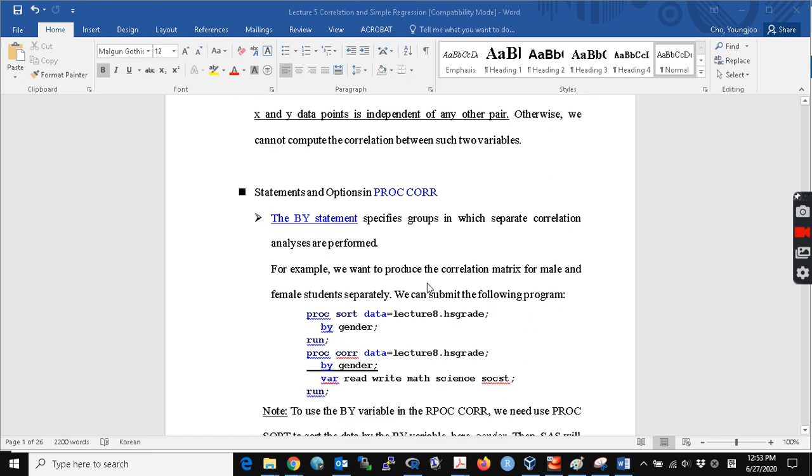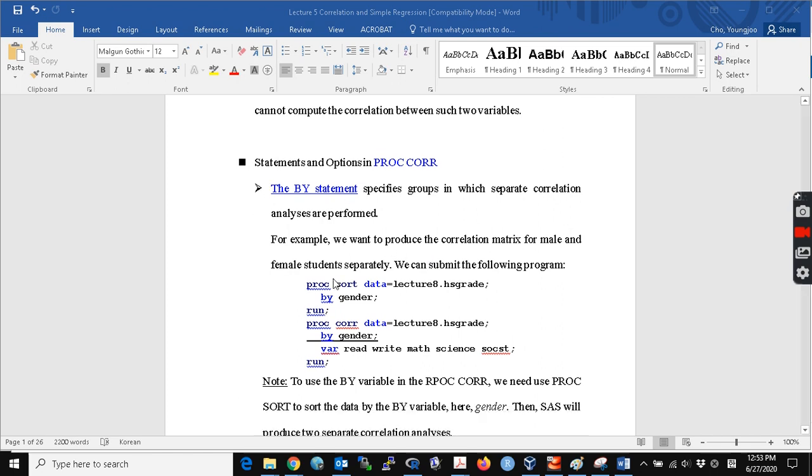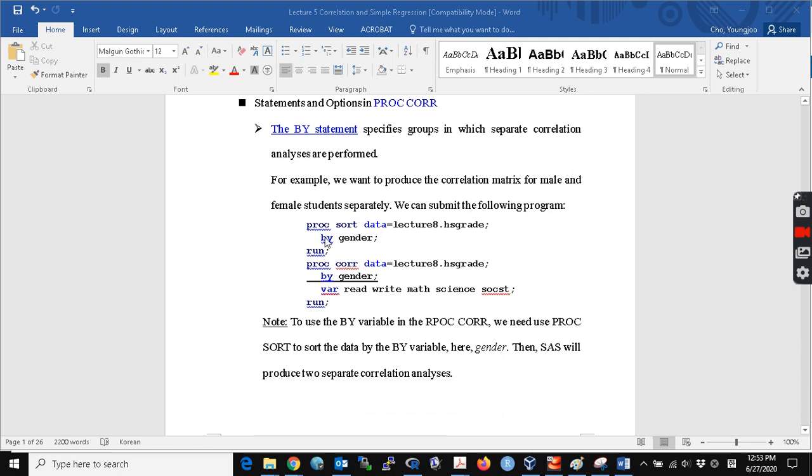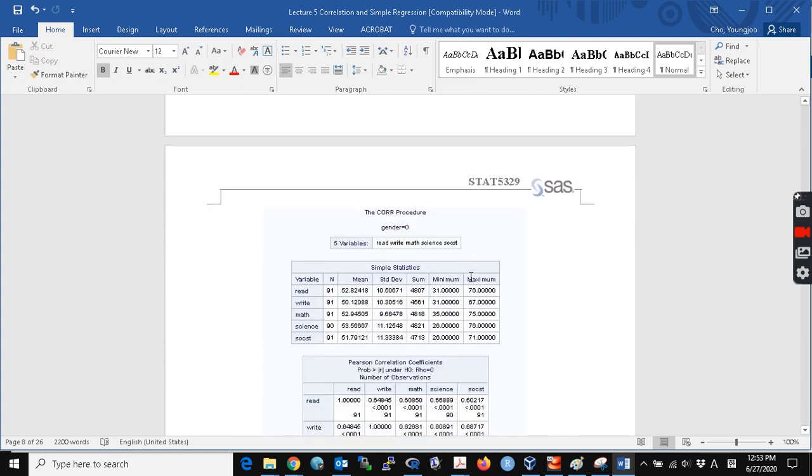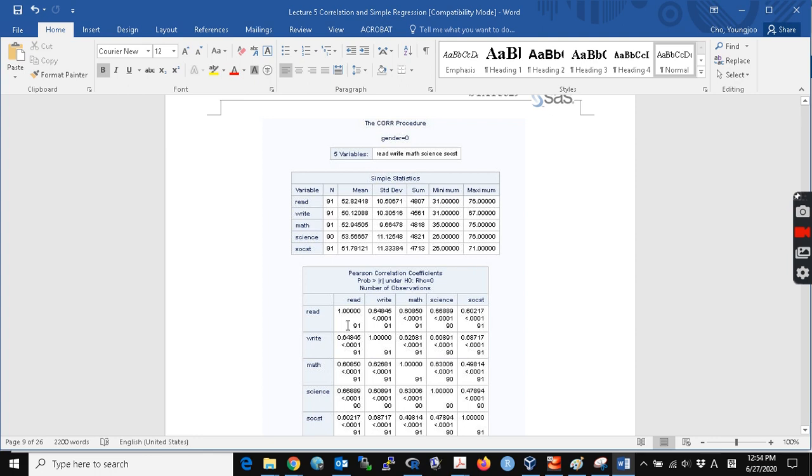So let's look at the options in detail. First we have the by statement. As I said, with the by statement we compute the correlation separately in each level of the by variable. For example, if we specify by gender in this HS Gray data set, you can see that we have separate correlation coefficient outputs.